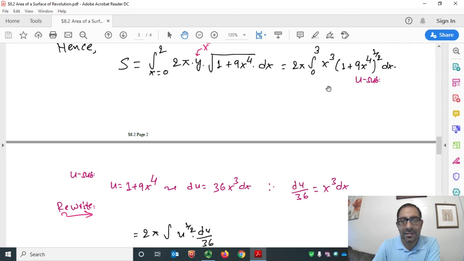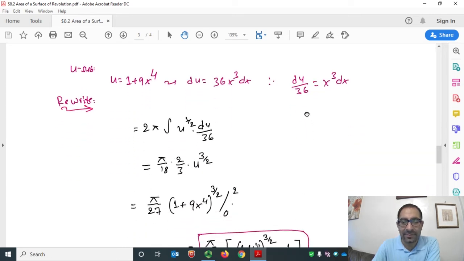Then let's rewrite this integral in terms of u. This becomes 2 pi constant as it is, integral as it is. At this time I don't care about these limits here. And this expression is u to the power 1/2, and x cubed times dx becomes du over 36, which is our next step here. Great.